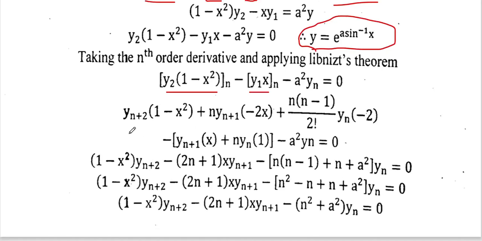So we can write this step as y n plus 2 into 1 minus x square, that is the first function into the derivative of the second function, plus y n plus 1, the second function into the derivative of the first function, that is minus twice x, plus n into n minus 1 upon 2 factorial y n. The third term is minus y n plus 1 x plus n y n, and the last term is minus a square y n equal to 0.